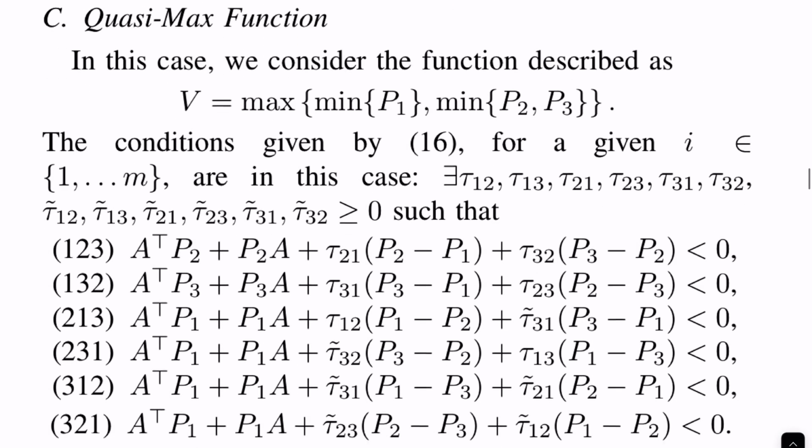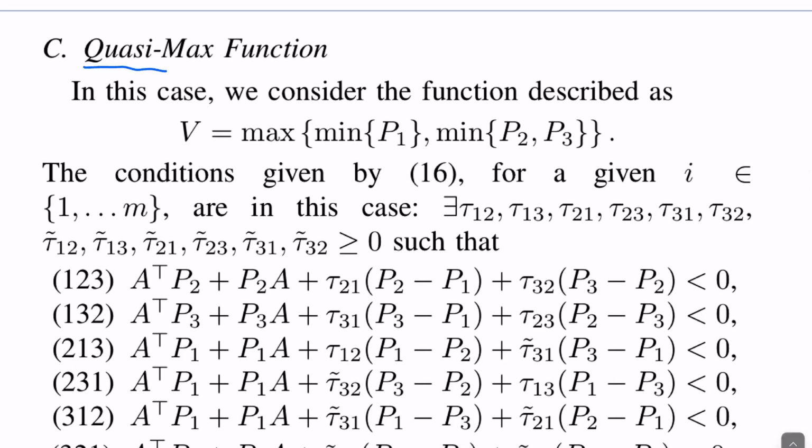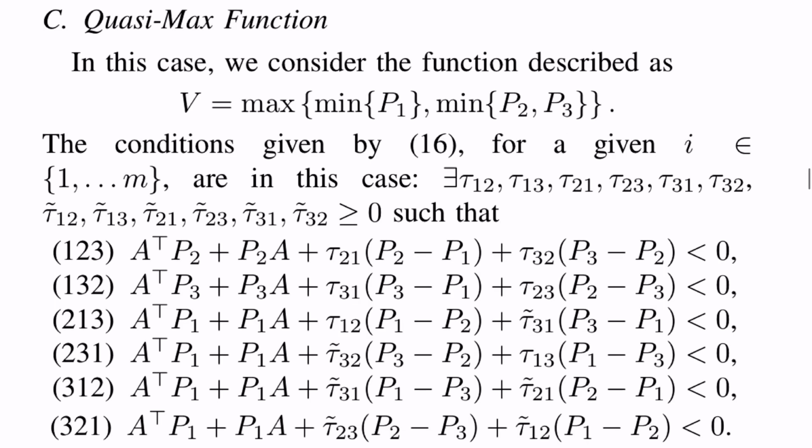But that's not the situation in quasi-max, where that expression designates this structure. Again, this is subset number 1 and subset number 2, a max-min structure.